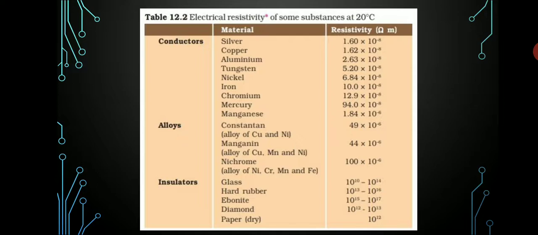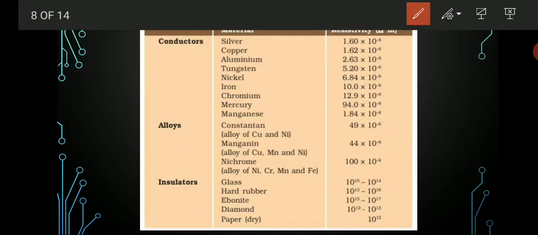See, if you see this table, first is conductors. Conductors have very little resistivity, meaning they conduct electricity very well. And next, alloys: if you see the value here, it has high resistivity, right? That means bad conductors. If the material has high resistivity, it is a bad conductor.